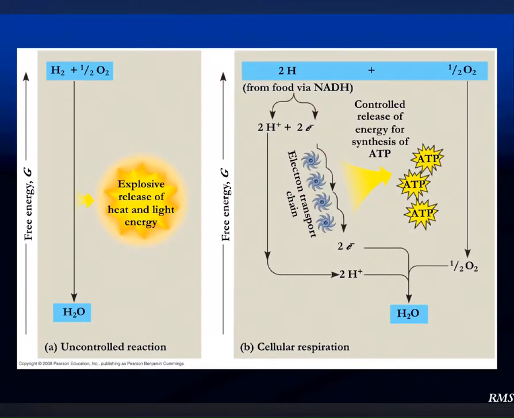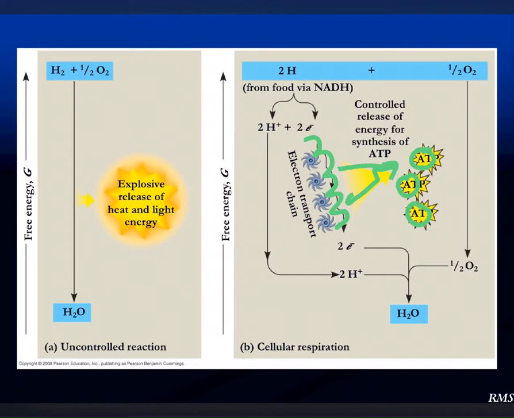So once again, just to visualize, here we're looking at energy, free energy. And if you have the electrons dropping out, they release the energy all at once. If you have the electrons going step by step by step, you can harness that energy out into things like ATP.